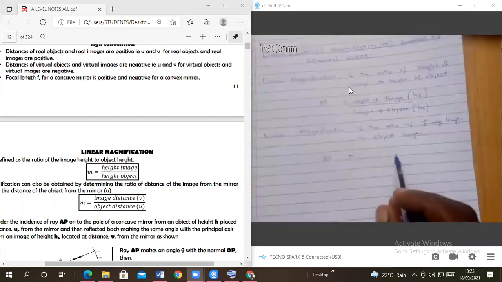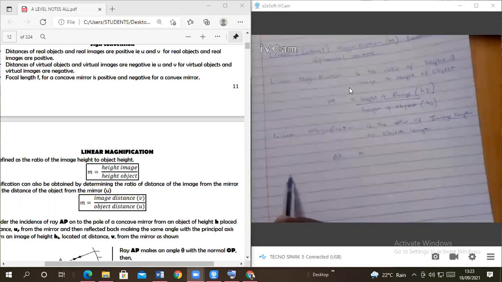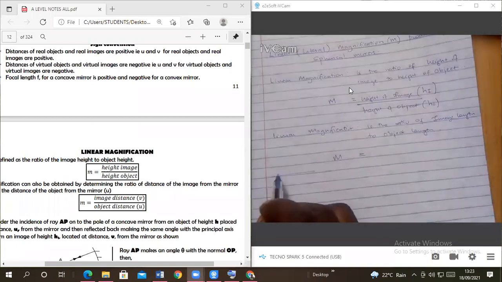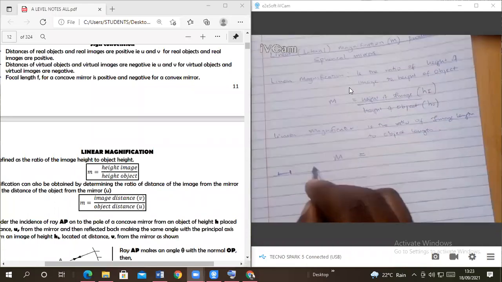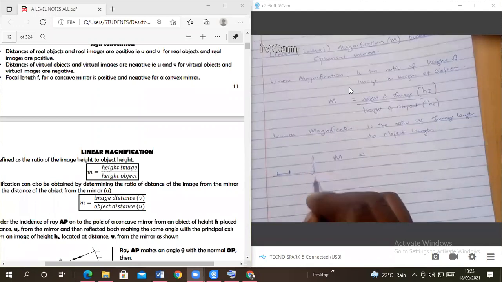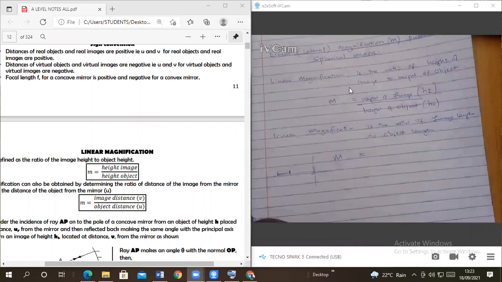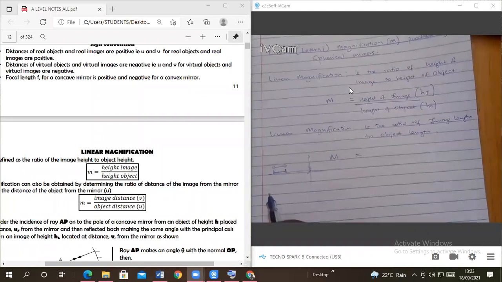So if you have the principal axis drawn there, there is an object like a pole just lying on the ground, and there is a mirror here, and they're asking you where is the image. For that case, we define magnification as the ratio of the length of the image to the length of the object.